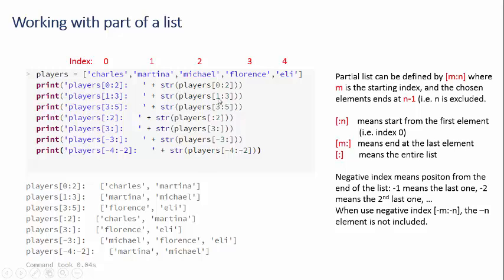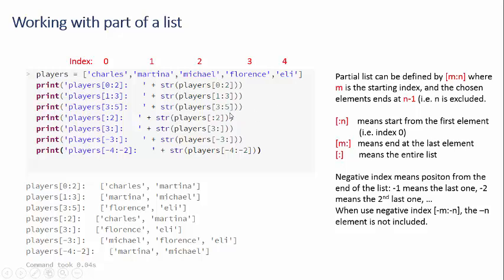And we can do the same thing for players 1 colon 3. Looking at 1 colon 3, there's 1, 2, and 3 is not included. There's Martina and Michael, so those are the two names for 1 colon 3. And 3 colon 5 is another example.